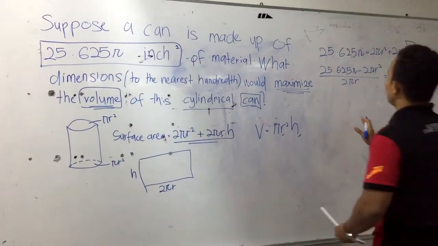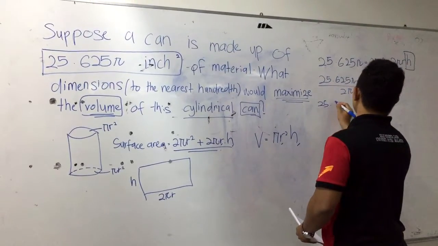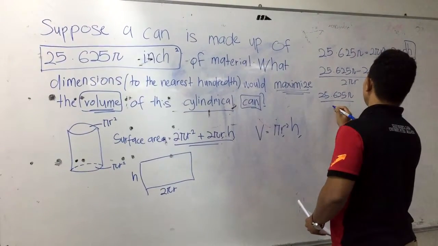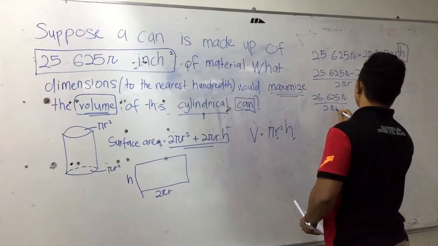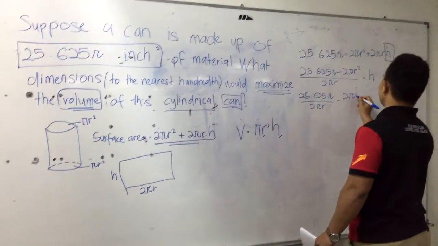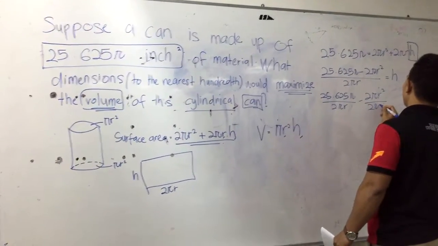Okay, let me make it easy. h equals 25.625 pi over 2 pi r minus 2 pi r squared over 2 pi r.